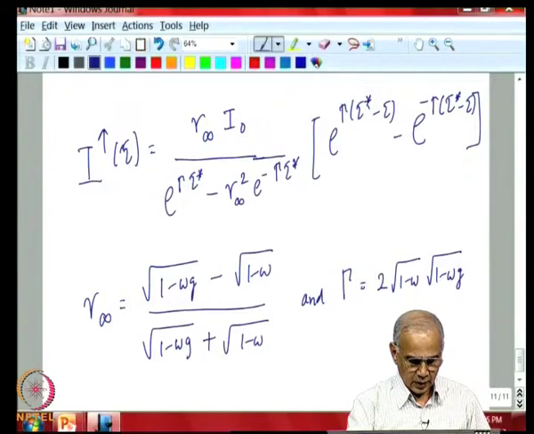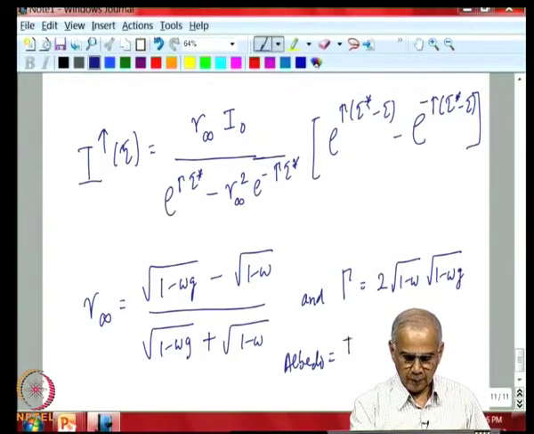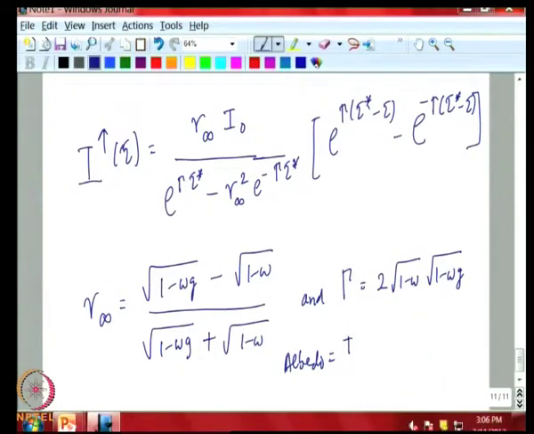quantity of interest, and if we define, and we have defined albedo before also, as the ratio of upward intensity by downward intensity, and this can be shown in this case to be nothing but R infinity.